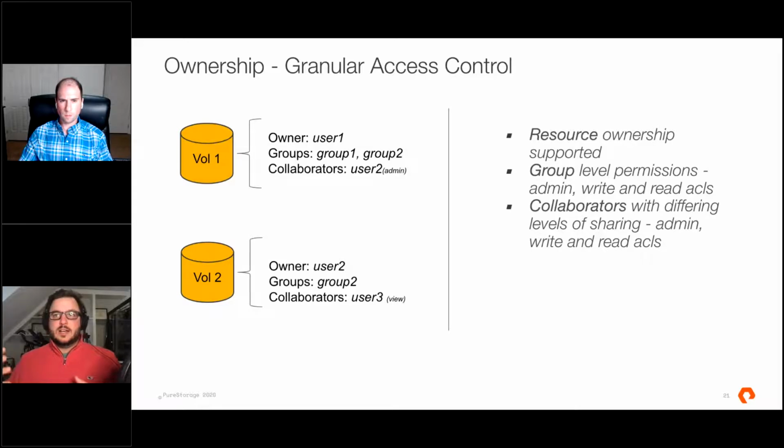So a user from a different group can clone that volume into their own OpenShift project, but they can't necessarily modify the original volume. And these are important when you're talking about collaborative users and multi-tenancy models within OpenShift itself.